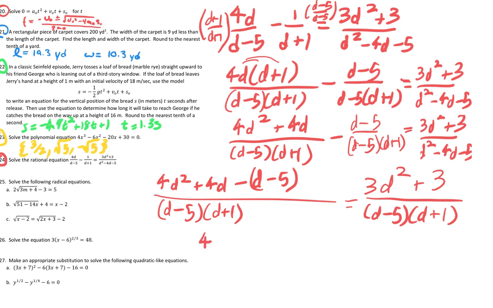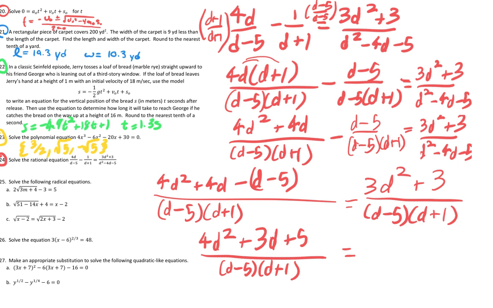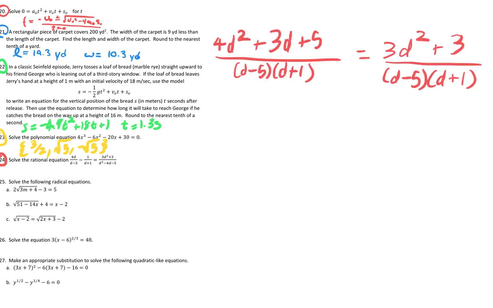So we're going to have 4d squared plus 3d, then minus minus, so we're going to have a plus 5 there, all over d minus 5 times d plus 1, and it is equal to what we had up here, 3d squared plus 3, right? So now we want to solve for d, so what I'm going to do is multiply both sides by d minus 5 times d plus 1. On both sides, it's going to cancel both of them out.